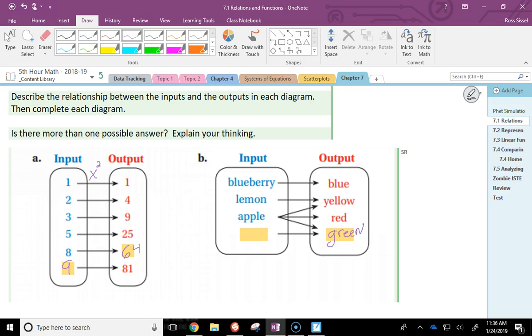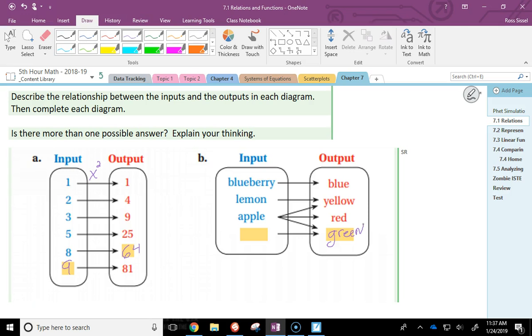So what do you think the relationship is here? What is my relationship between the inputs and outputs? Colors.